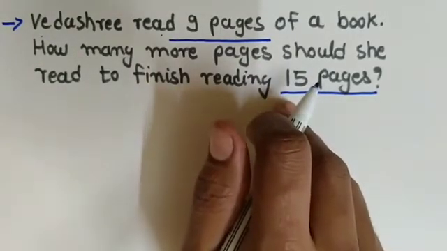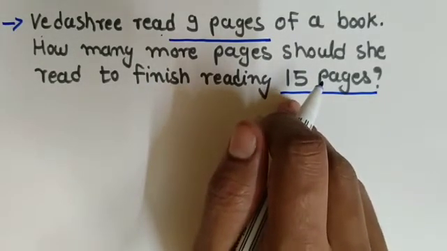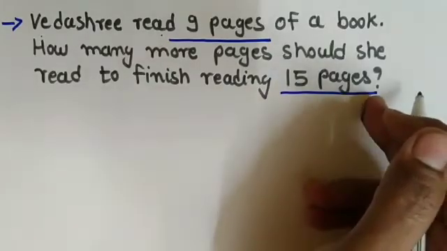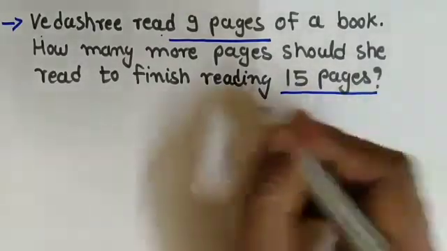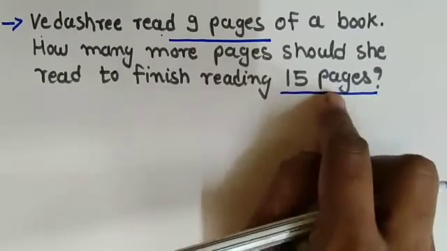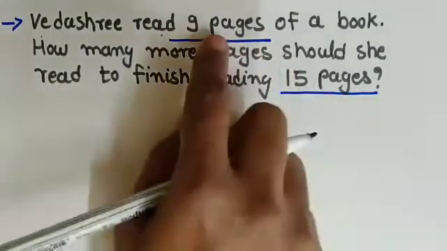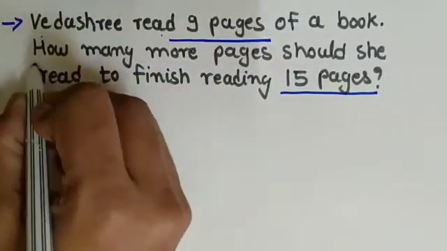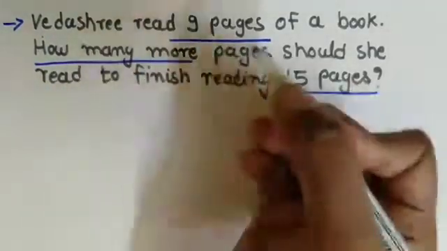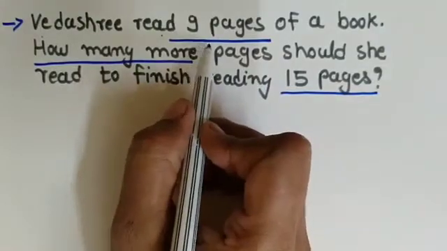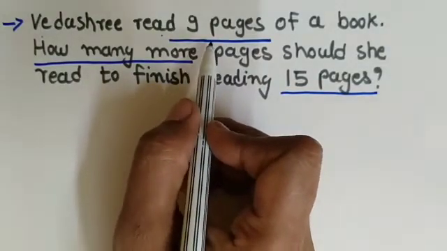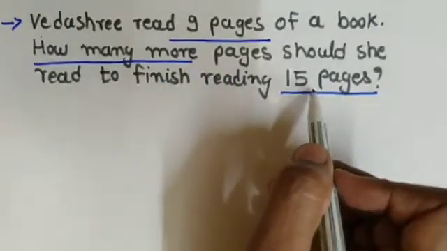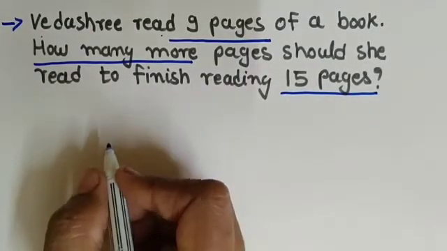Here they have given how many pages she has to read in total. She has to read 15 pages, but she has finished only 9. So what do they ask? They ask how many more pages she has to read to complete 15 pages.